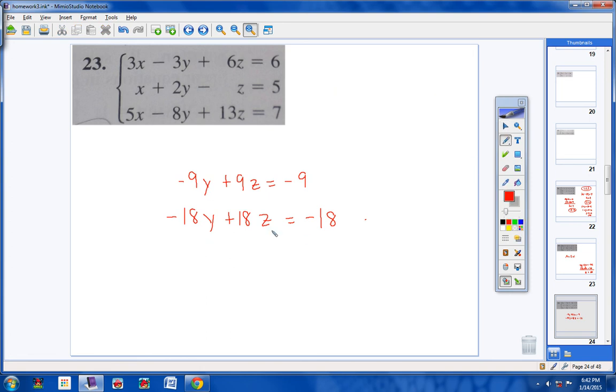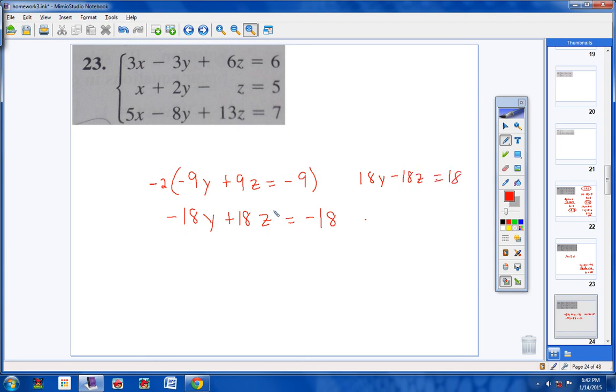And here we go. Let's go ahead and eliminate our y's by multiplying this equation here by a negative 2. A negative times a negative is a positive. It'll give me a positive 18y, which will cancel with my y right here. So I'm going to use a negative 2. And so I would get a positive 18y, a negative 18z, and a positive 18.